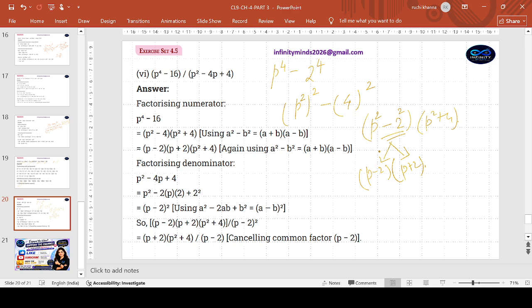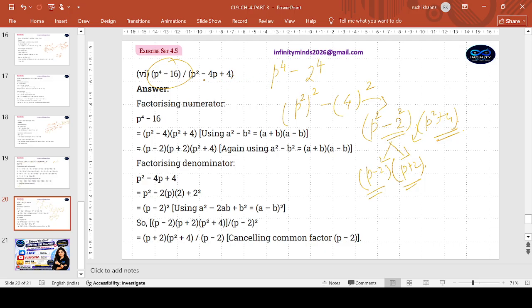Whenever it is power 4, it is square of square, and identity number 3 will get applied, but twice. In totality, this expression will carry 1, 2 and 3 factors. The numerator will have 3 factors.